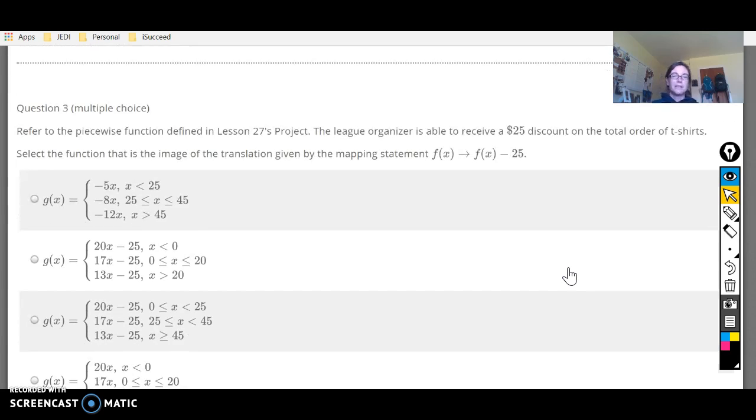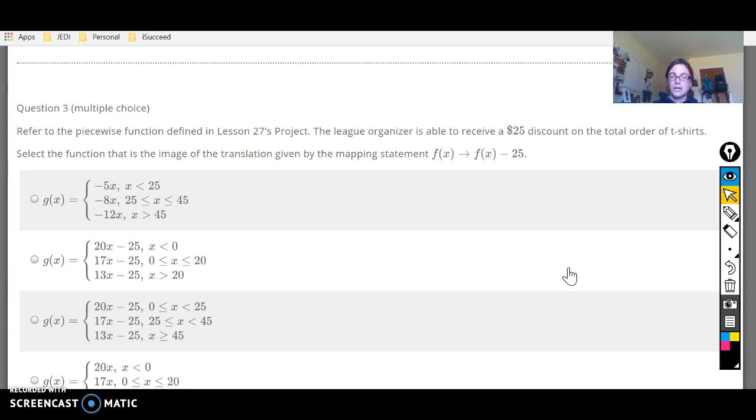Cool. Now we're going to look at our piecewise function. If you'll recall, this was the cost of t-shirts, and we had different increments where the cost would go down. So refer to the piecewise function for lesson 27. The league organizer, it turns out, is able to get a $25 discount on the total order of shirts, regardless of the number. Well, that's pretty cool.